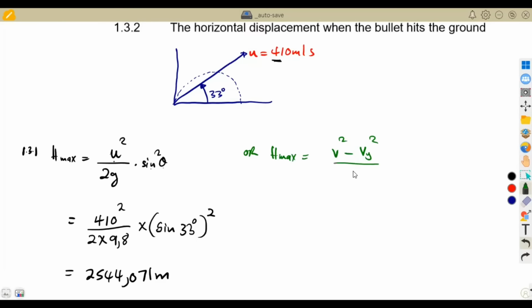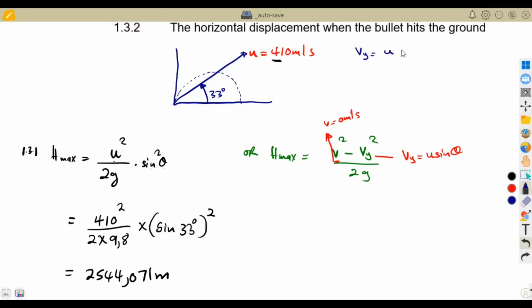This here is our final velocity, and whenever we are talking about the vertical, at the final velocity, we are going to have our v being equal to 0 meters per second. And this Vy is the one that I explained is equal to u sine theta. So meaning to say we have to calculate our Vy from these components that we are given.